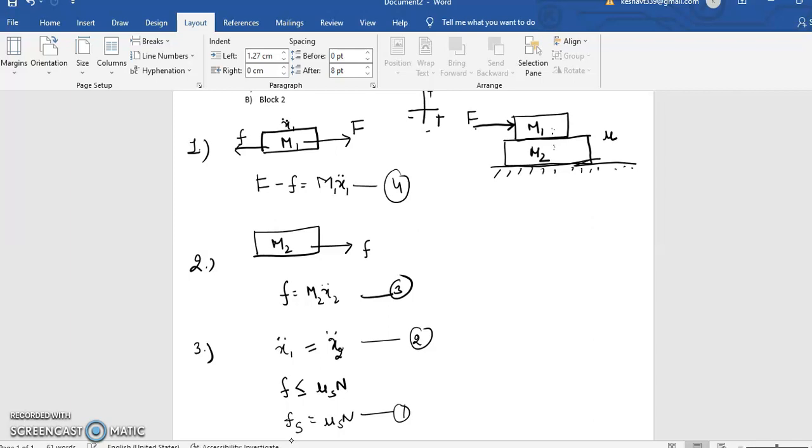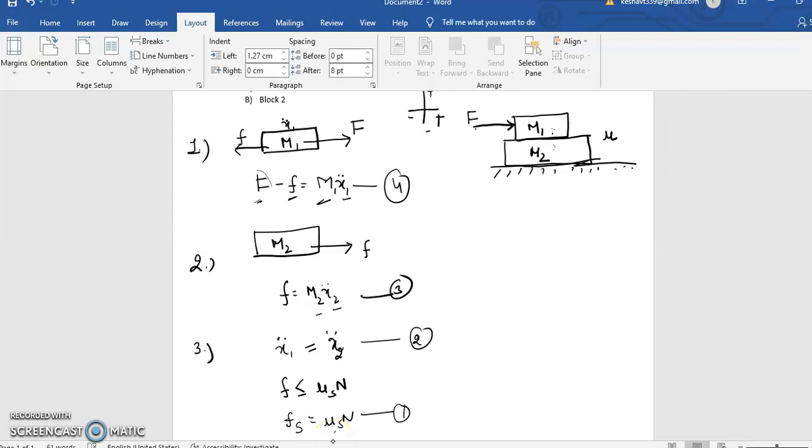What are the unknowns? Capital F is unknown, x1 is unknown, x2 is unknown. I have been asked to find the value of F in terms of m1, m2 and mu s.